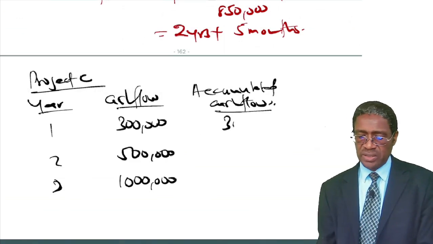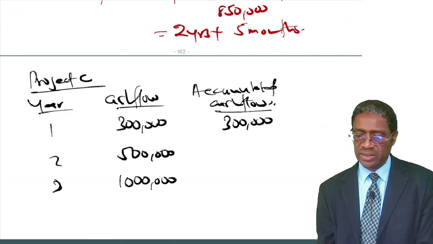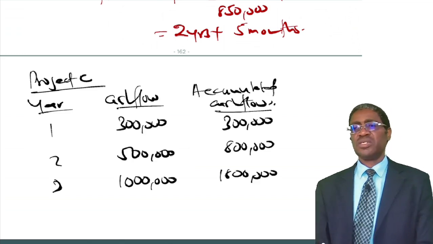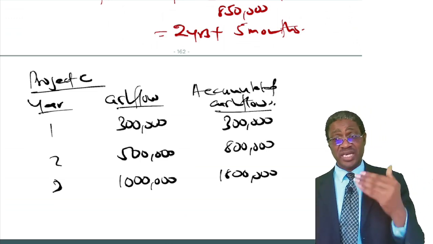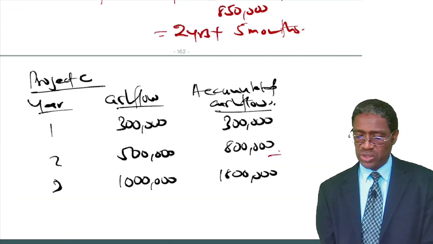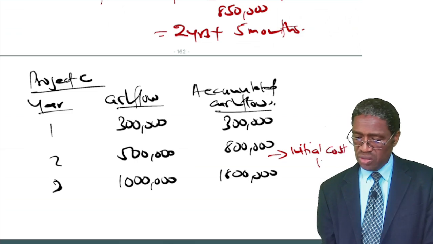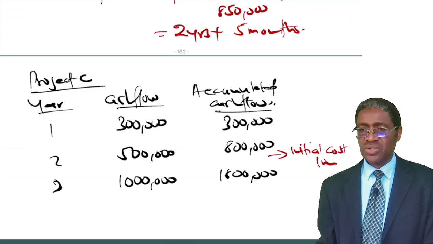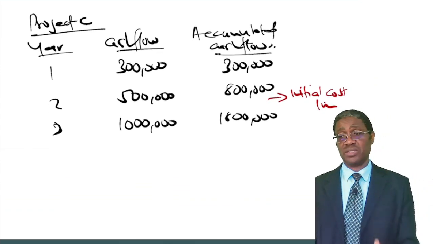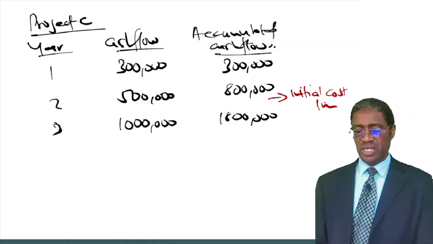First year 300, second year 500, that comes to 800. Then 1 million, it comes to 1.8. So we are recovering between, again, second year and third year. That's where our initial investment was, initial cost, 1 million. So it will take me 2 years and how many months?